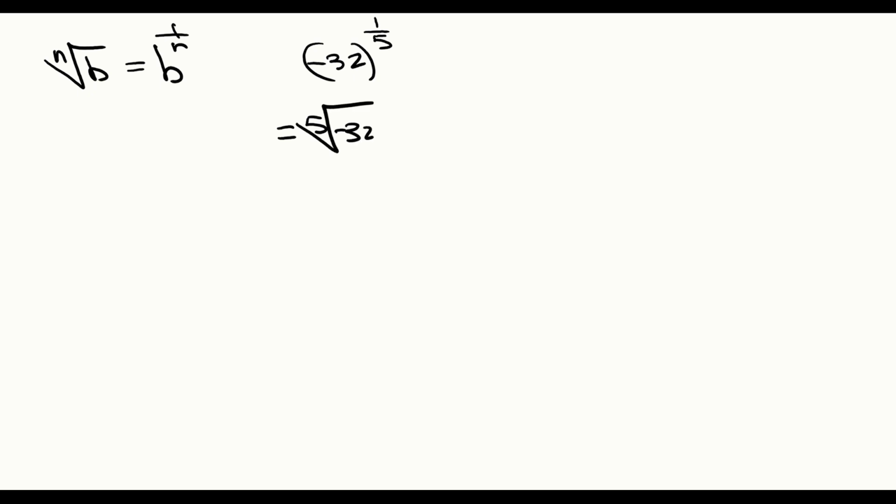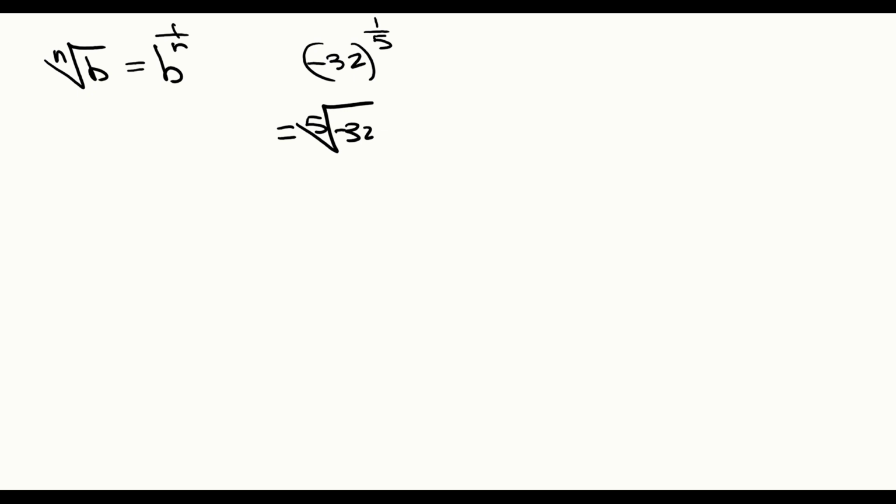Now, we don't run into a similar kind of issue with odd values of n. So let's remember the formula, the nth root of b equals b to the power of 1 over n. So, for example, if we have the expression, say, negative 32 to the power of 1/5, we know that that ends up being the 5th root of negative 32.